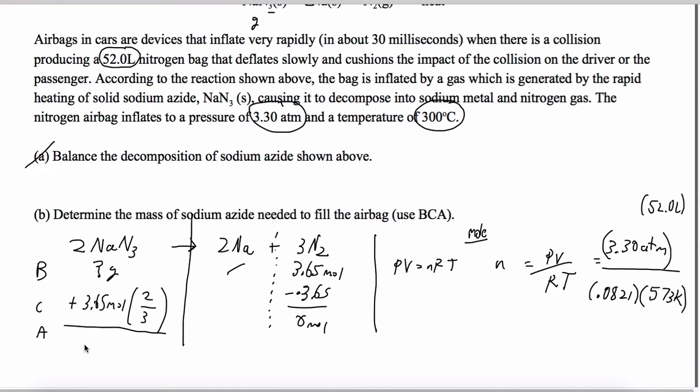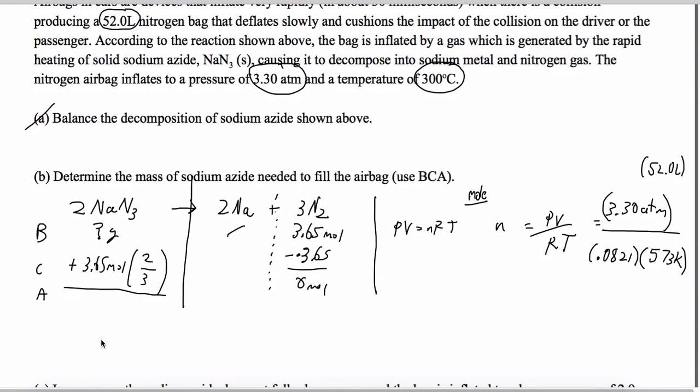That's going to leave me with a certain number of moles. So 2/3 of 3.65 is how many moles? 2.43. So I'm left with 2.43 moles of sodium azide, but what I need to do is convert that to grams.